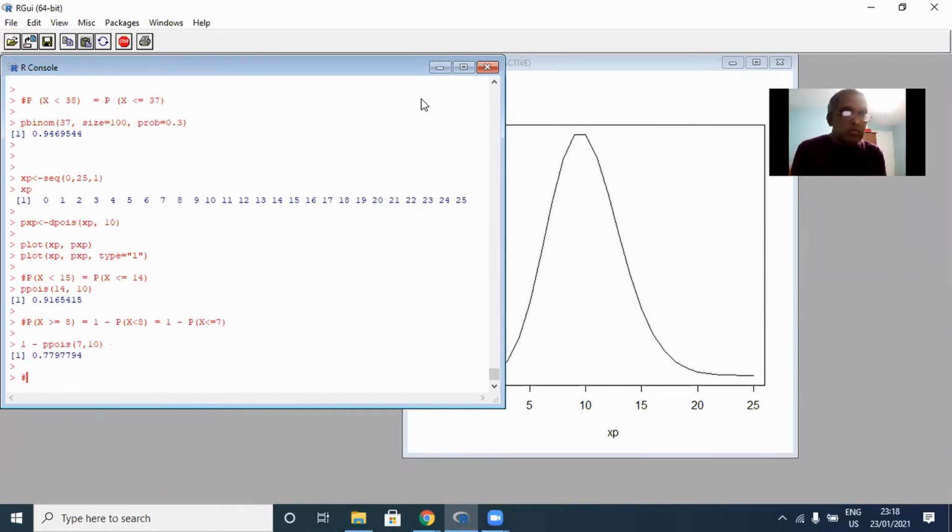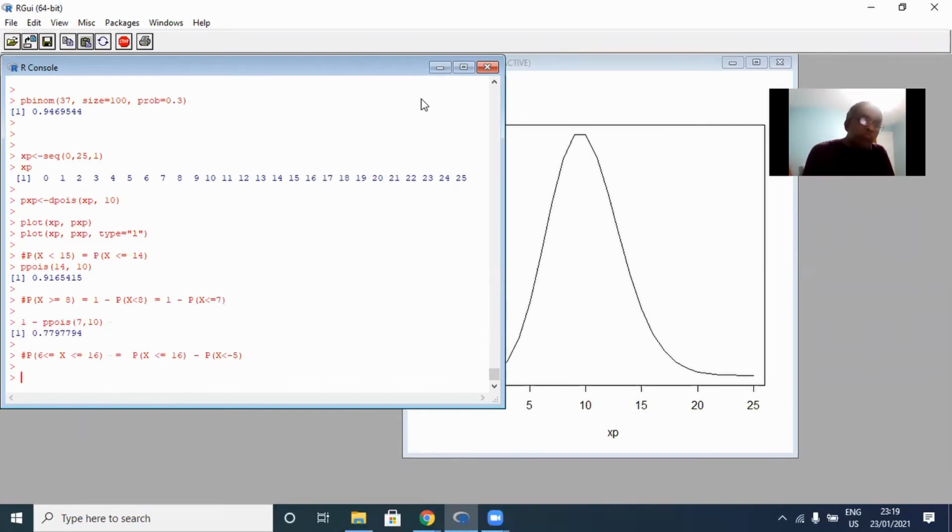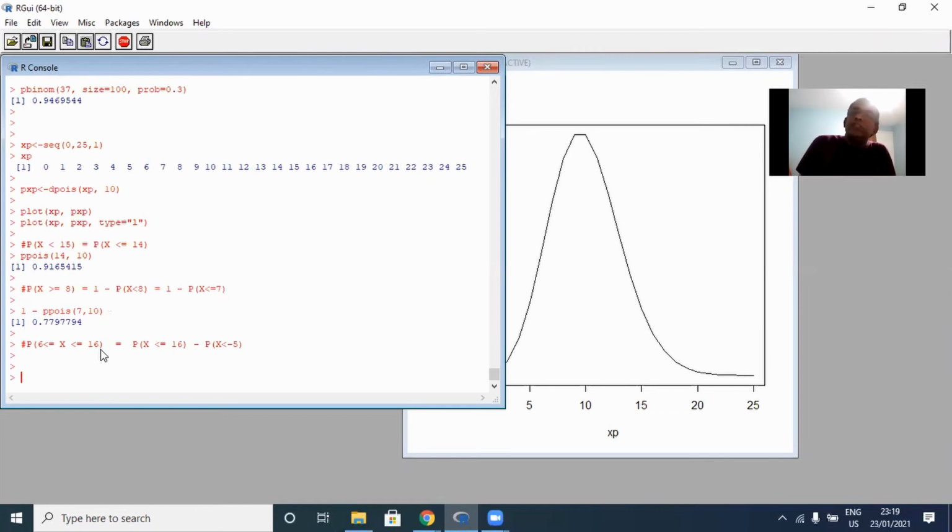And finally, we want to find the probability that x is between 6 and 16. You can write this as the probability that x is less than or equal to 16 minus the probability that x is less than or equal to 5. Because if it is between 6 and 16, inclusive, then it must be the probability that x is less than or equal to 16, take away x less than or equal to 5.